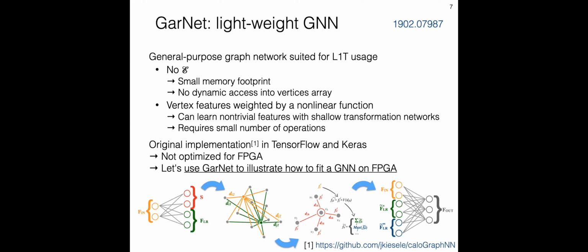And that means it requires a small number of operations. But even though it was designed to be lightweight, there was no actual firmware implementation. The original implementation is in TensorFlow and Keras. So we picked this network and studied in detail how to put it on FPGA.